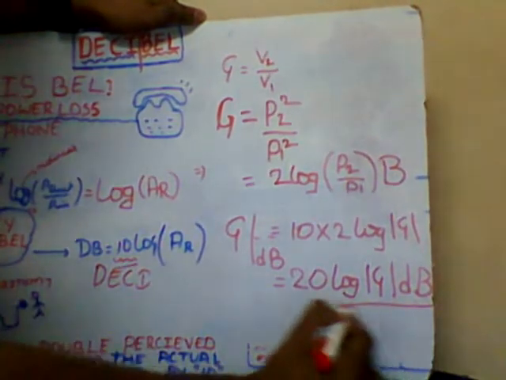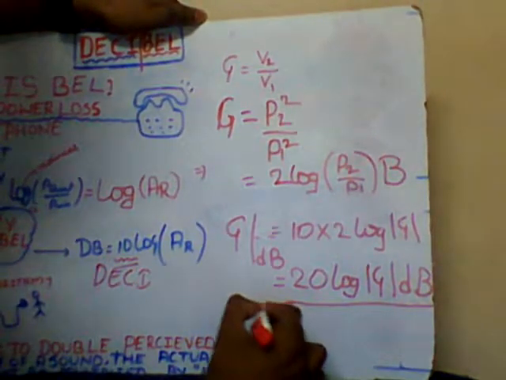This is the actual value of how we are going to measure the amplifier gain.